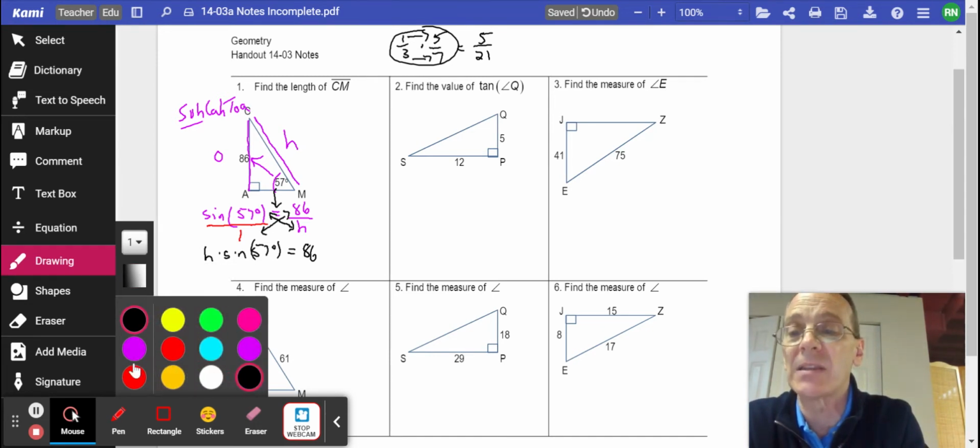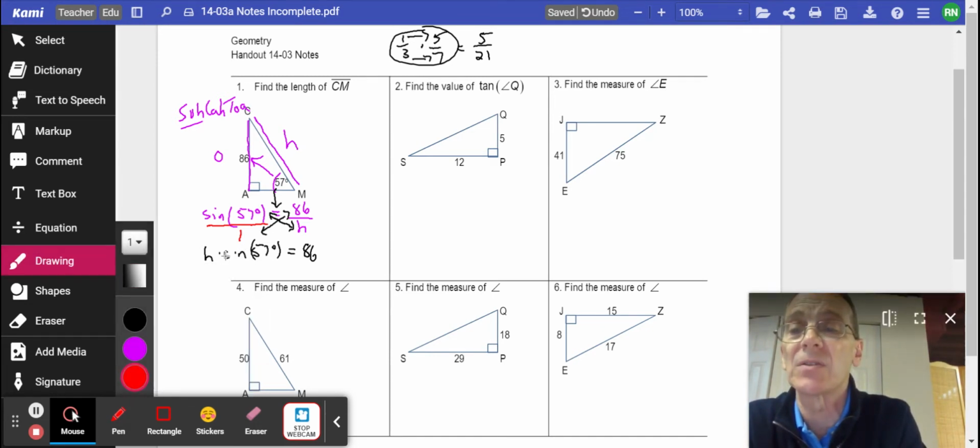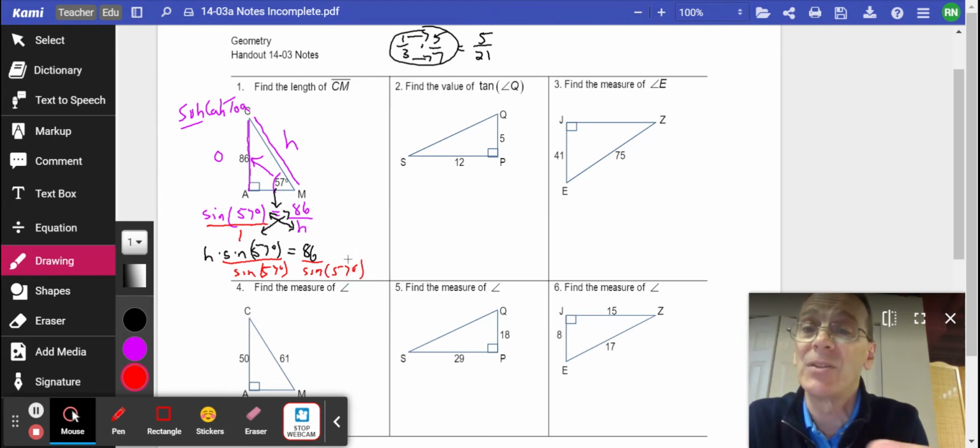But we're trying to isolate the h. We're trying to solve for the h. And so since the h is being multiplied by sine of 57, we have to divide both sides by the sine of 57 degrees. And if it's me, I do all of this algebra before I ever reach for a calculator. I don't reach for a calculator until I've isolated the h.